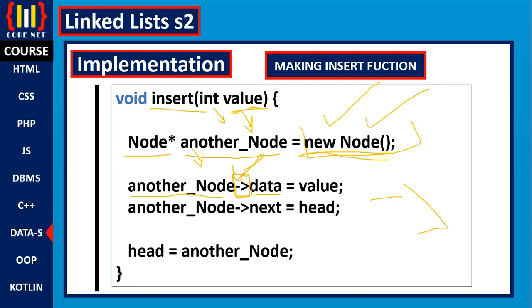And here we are saying, okay, another node, which is a variable based on a pointer, a newly created variable, which should now point to data, is equal to the value that we receive in this insert function.